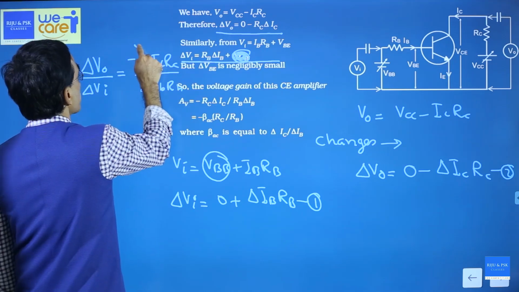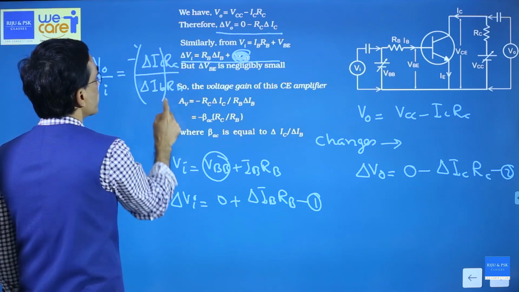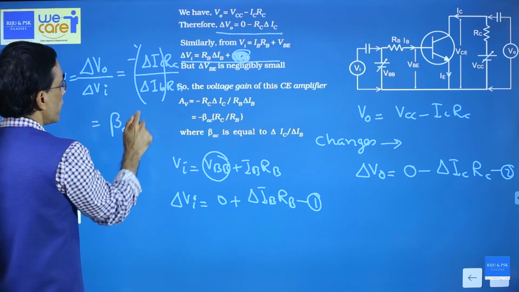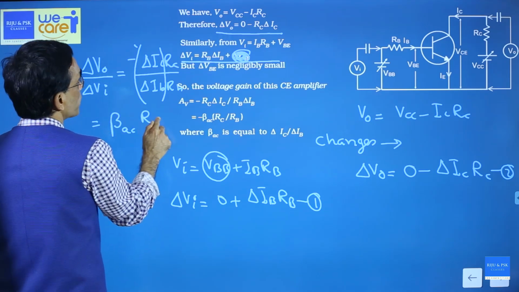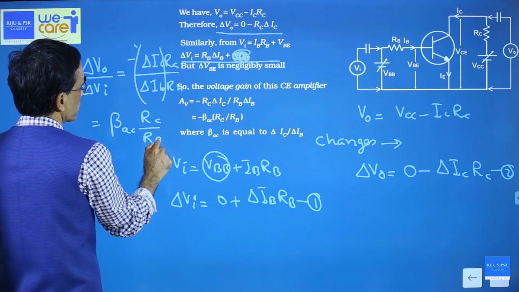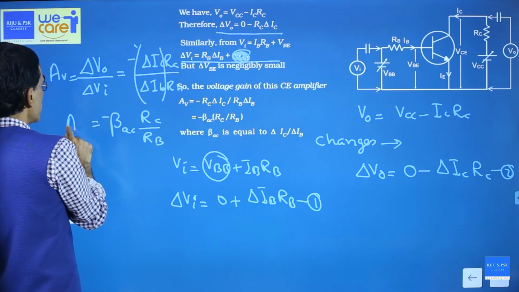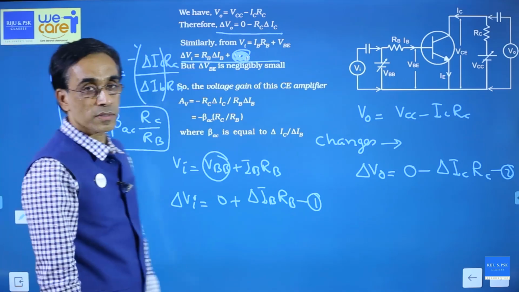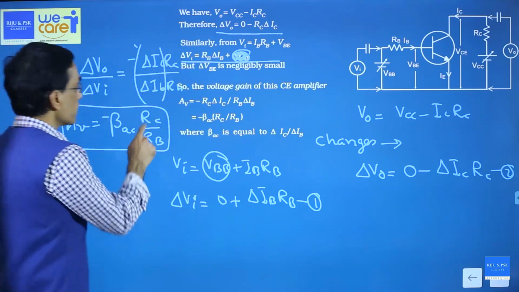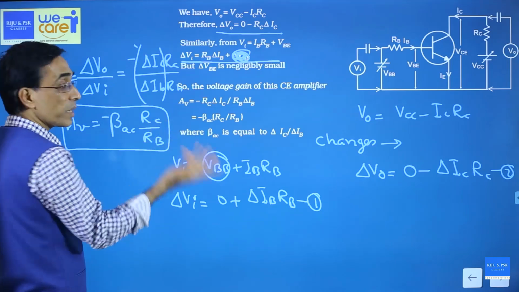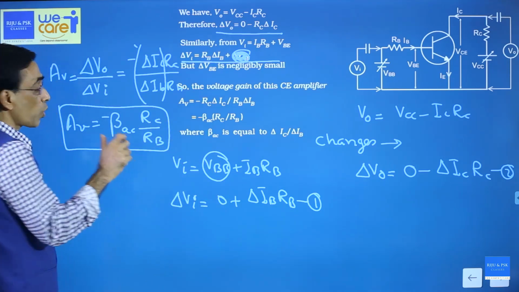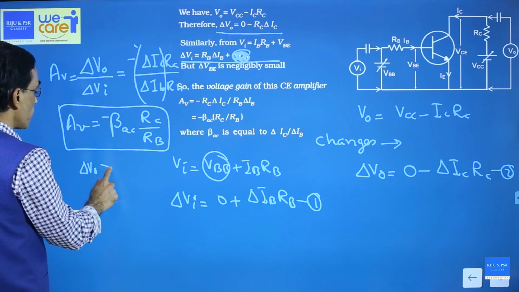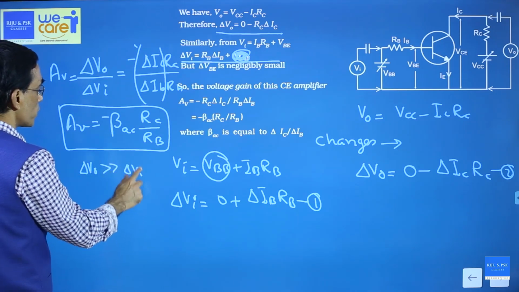And delta IC by delta IB is nothing but beta AC. Beta AC into RC by RB with a negative sign is the voltage gain in the common emitter circuit. Now you can see that the collector resistance is greater than the base resistance and beta AC is always greater than 1. So the change in output voltage will be greater than the change in the input voltage.